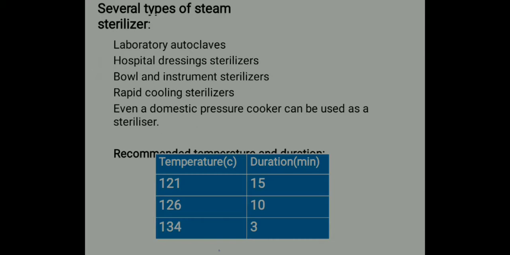Even a domestic pressure cooker can be used as a sterilizer. Talking about the recommended temperature and duration: 121 degrees Celsius for 15 minutes, 126 degrees Celsius for 10 minutes, 134 degrees Celsius for 3 minutes.